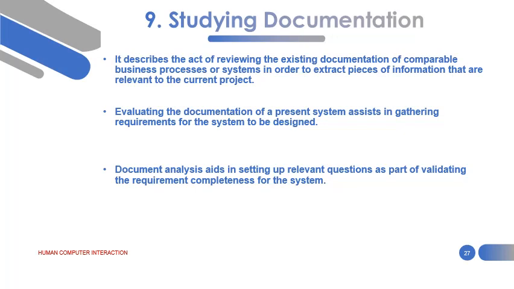So with this technique, you're going to find similar or comparable systems that relate to the system to be designed, and from that we use the information gotten from that documentation to help better design the system. So you just take similar systems, and the information gotten from them helps you to better implement the system to be designed.